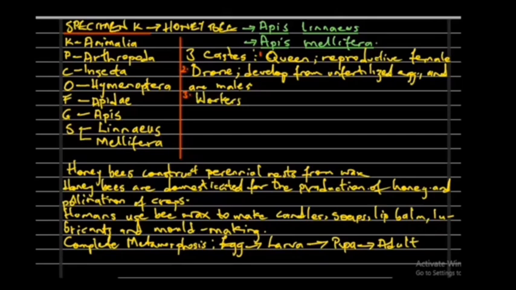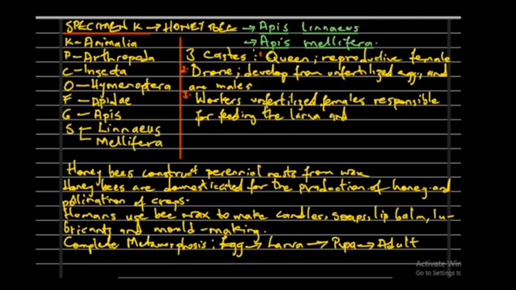The workers are females, unfertilized females, responsible for feeding the larva and taking care of the caste and caring for the colony. So these are the functions of these organisms.